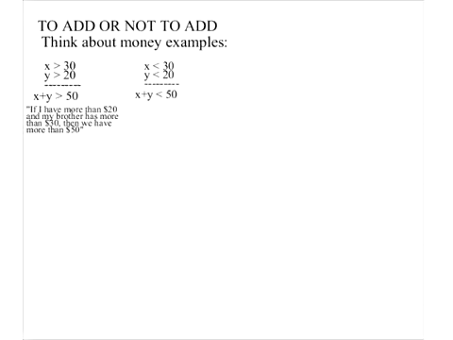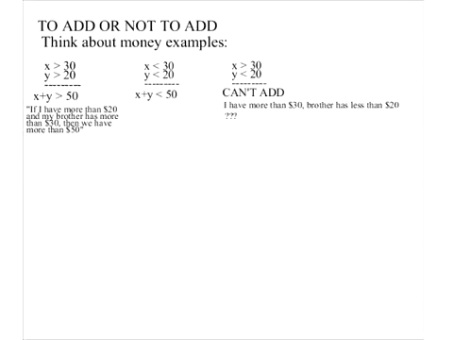But on the other hand, if you have x greater than 30 and y less than 20, you can't add this. So the money example to think about here is I have more than $30 and my brother has less than $20. Here you don't know.